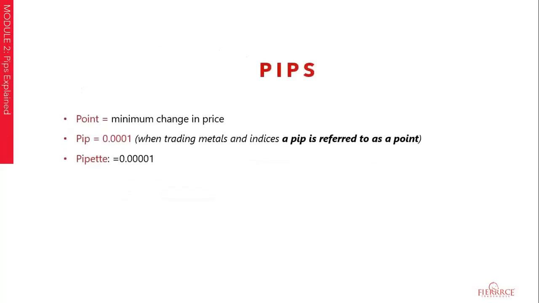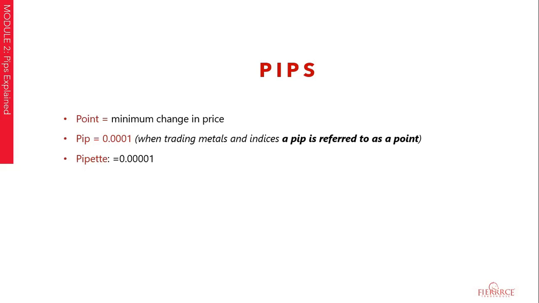Now we have something called pips, something else that you will use a lot when you're trying to calculate the change in price of a currency pair. So we have the point, the pip, and the pipette. This is how I'm just listing it out. The point is the minimum change in price.